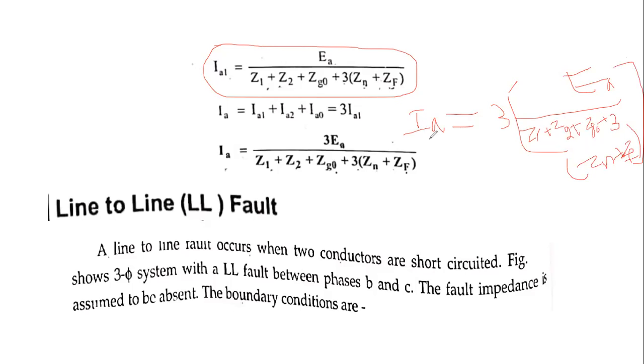This is the IA formula, when we are connecting the impedance in between the ground and the phase, and then we obtain the IA value.